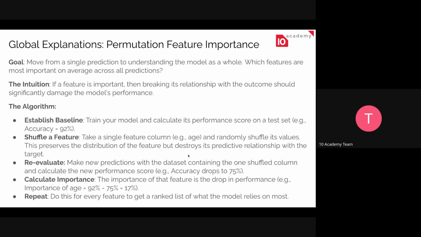You can see that the accuracy has dropped to 75%. So the importance is 17% because the accuracy dropped from 92% to 75%. Repeat this for every feature to see which features are very important.